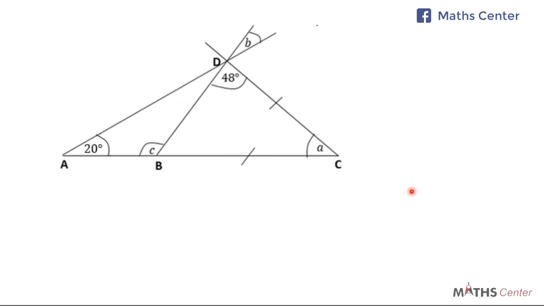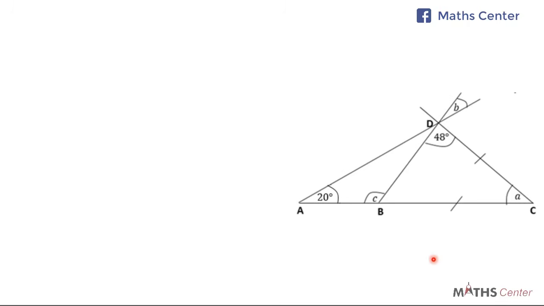We have this diagram here, and we are being told to find the letters. So we are finding A, B, and C. Now, let's go. Look at this diagram very, very carefully. What can you see? Straight away, I can see triangle BDC.